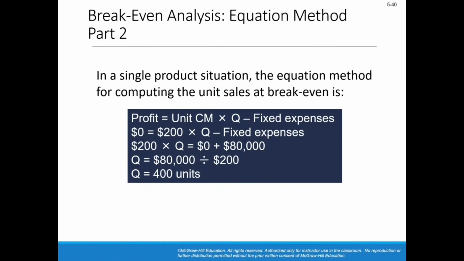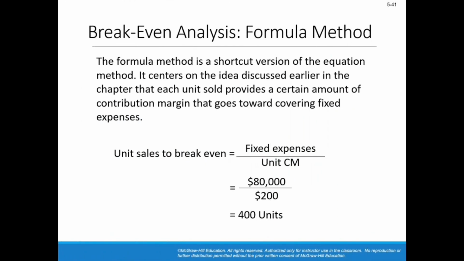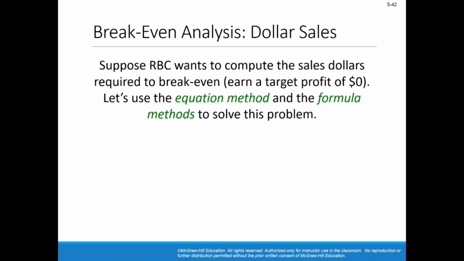Okay? So here they computed the number of units required to get a break even, or a profit of 0. I'm skipping because I covered all of these before.